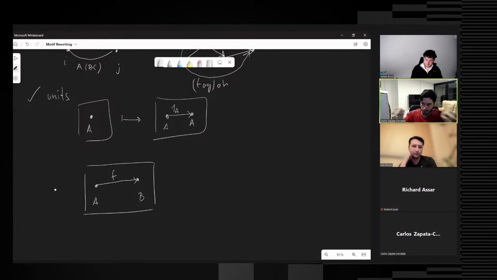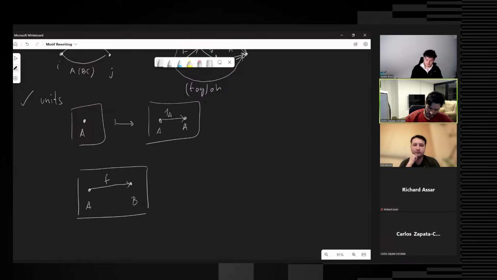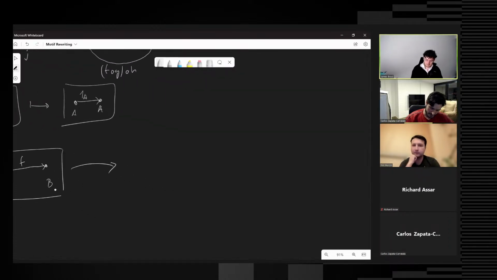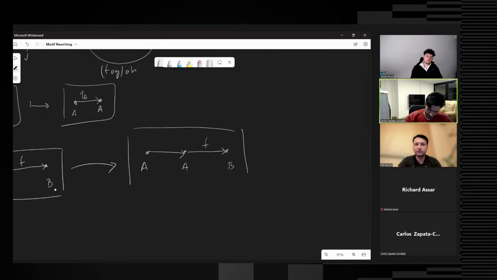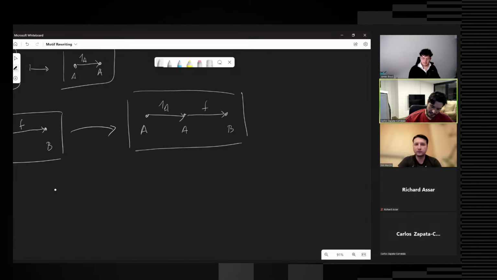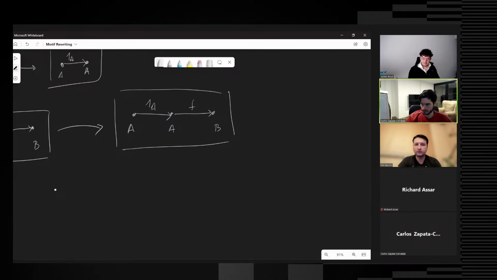Because we need to find two morphisms in concatenation. But we can apply unit to find something that already looks like that. So let me duplicate A, for example. So A, B. Right? So I duplicated A, I get B, and I have a new state. This is now 1_A. Okay, fine. Now I can apply my composition rule. Sure.